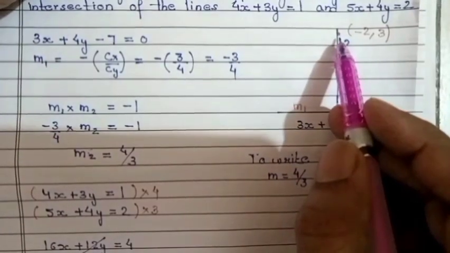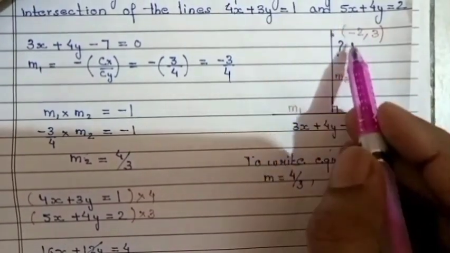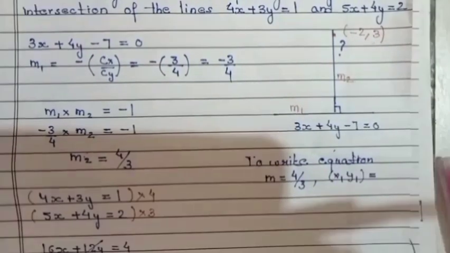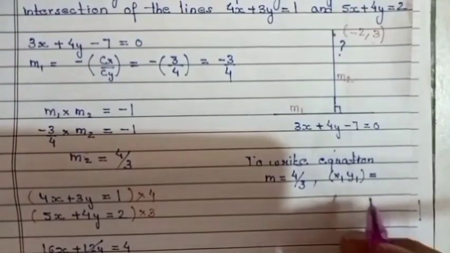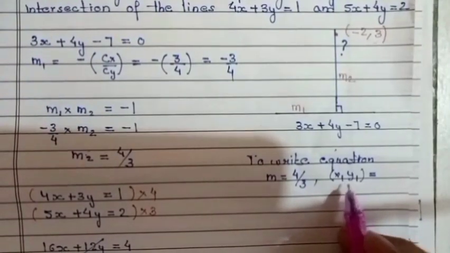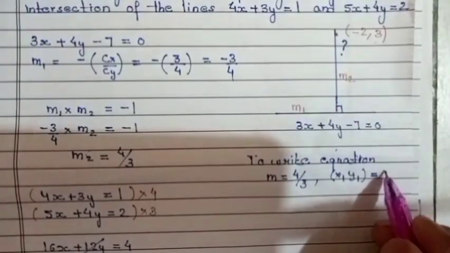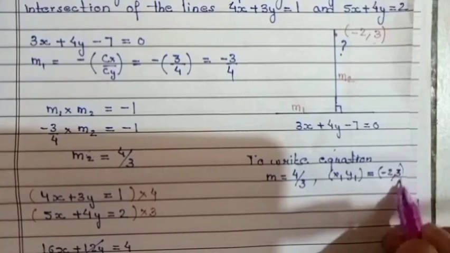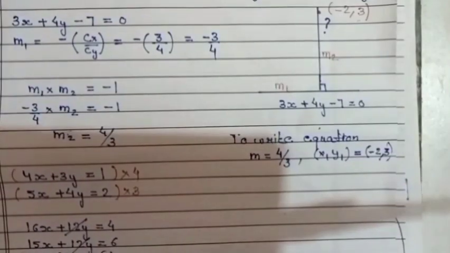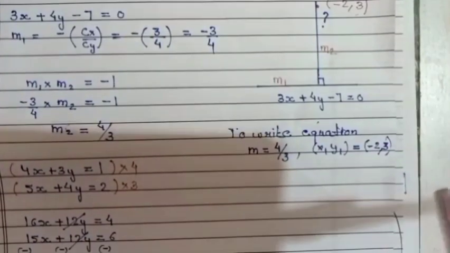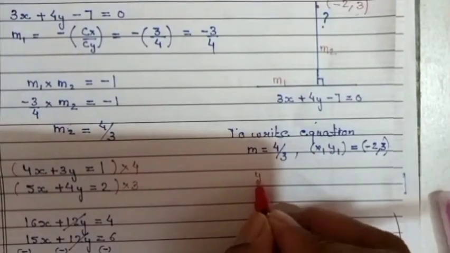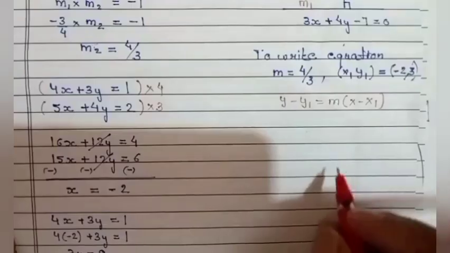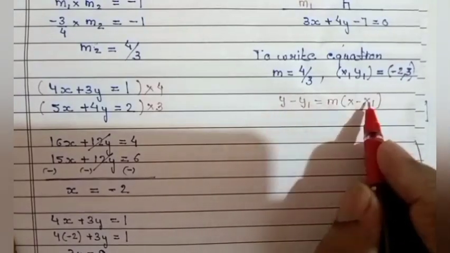So we know that the line is passing through the point of intersection of these two, that is -2, 3. So x1, y1 is equal to -2, 3. Now to write the equation, the formula is y minus y1 is equal to m times x minus x1. So this will be the formula.